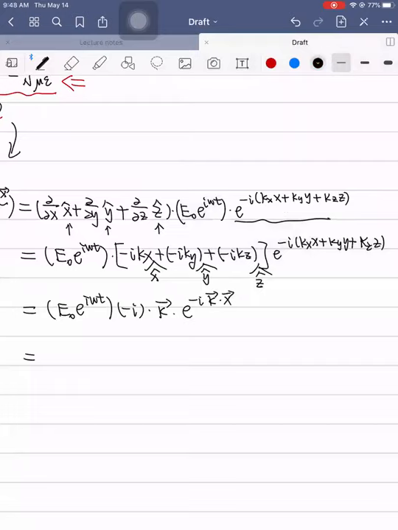Right. So the kx, ky, and kz basically are just the k vector. And I rewrite this sum back to the vector form.